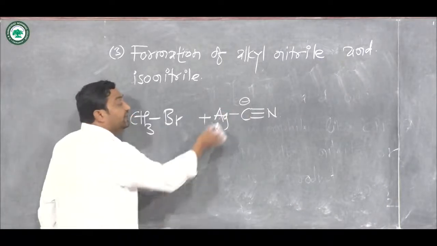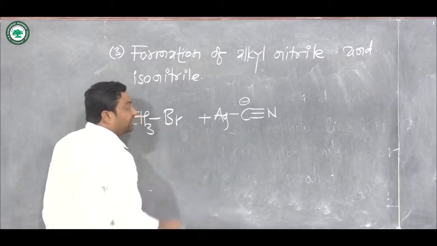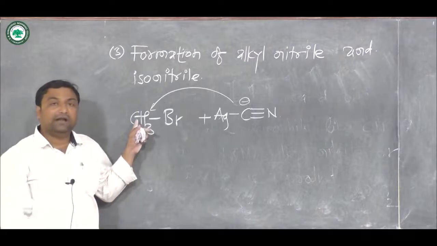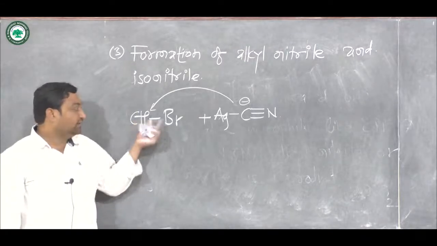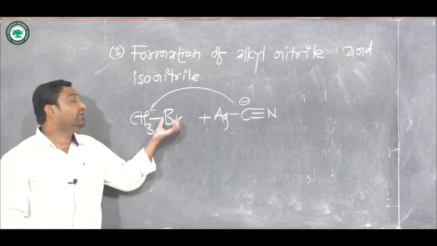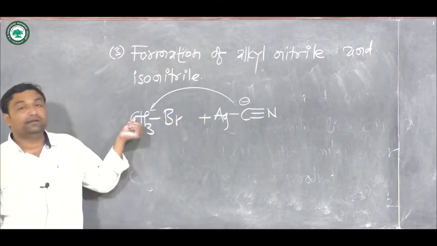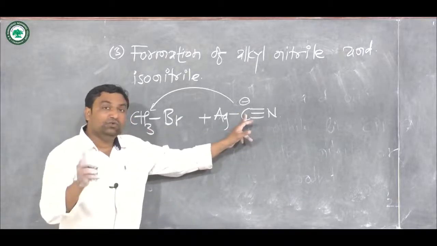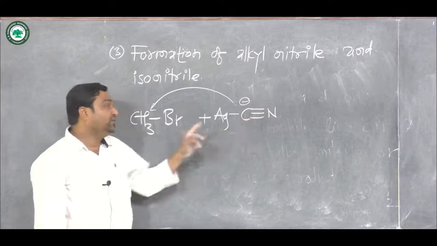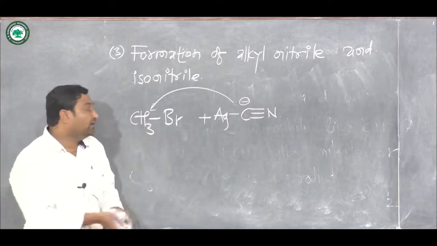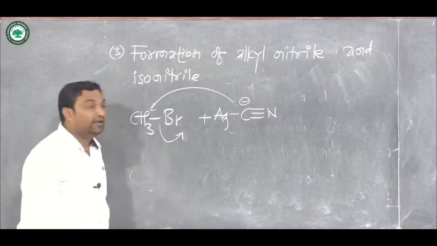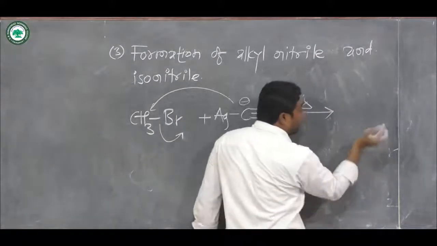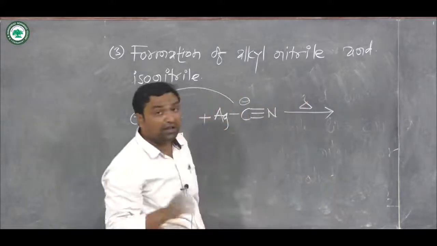This negatively charged carbon atom will try to attack this electrophilic carbon atom, because the bromine atom, which is higher in electronegativity, is directly attached to this carbon atom, making it electrophilic. Now this nucleophilic carbon atom attacks the carbon atom, and the Br atom will be eliminated to form alkyl nitrile as a product.